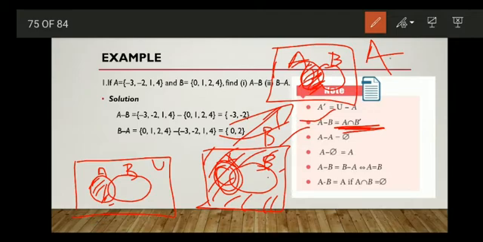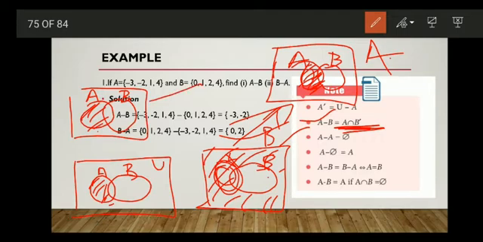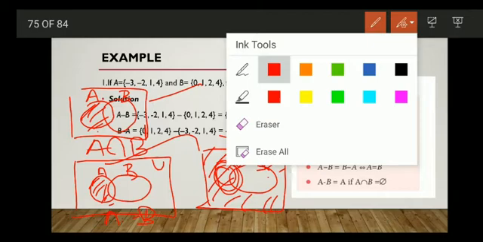Common portion among these two is this part. So this is equal to A difference B. So A difference B will be equal to A intersection B complement.